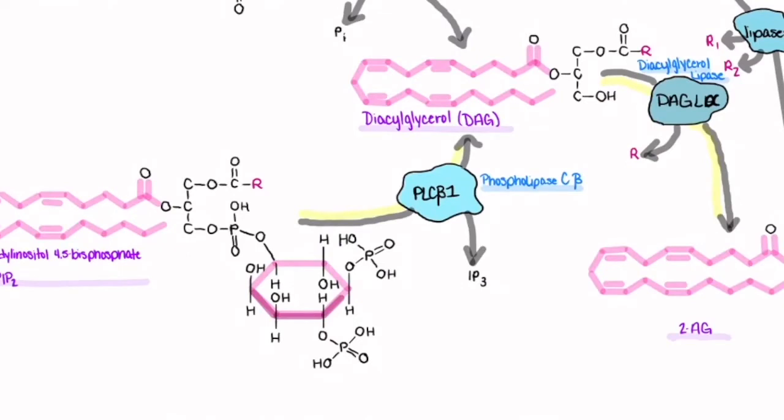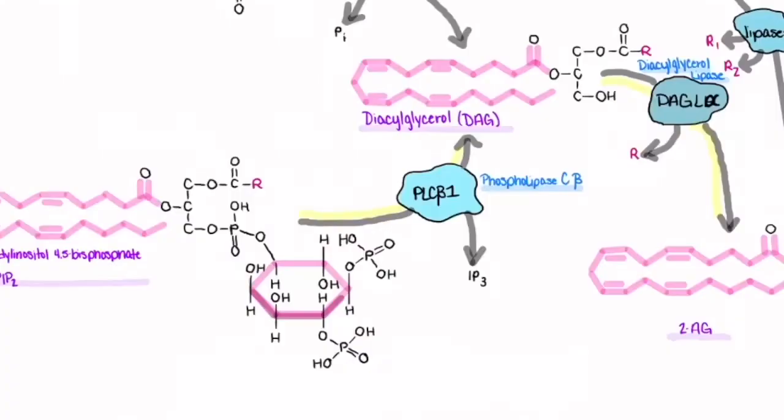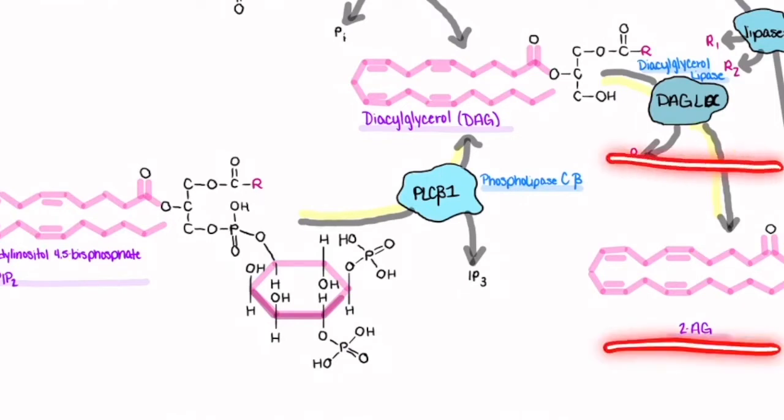PIP2 is converted to diacylglycerol, also known as DAG, an intermediate, via the phospholipase C-beta enzyme, also known as PLC-beta. DAG reacts with glycerol, then it is converted to 2-AG via DAGL, which is DAG lipase.